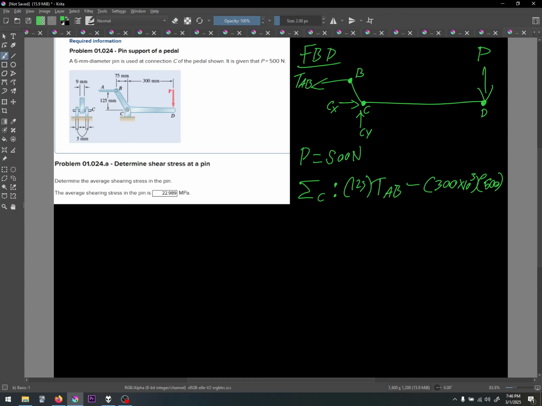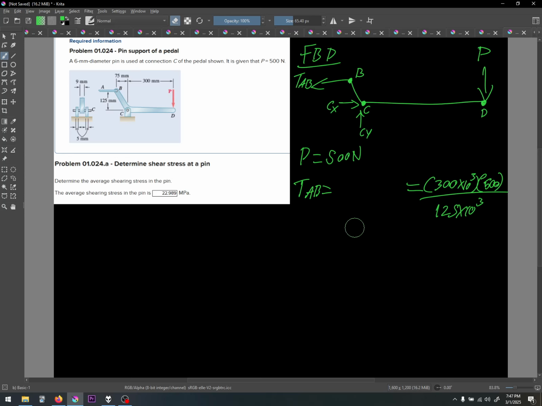Okay, so that means that these equal each other, and if we divide this by 125 times 10 to the third, that will give us T_AB.